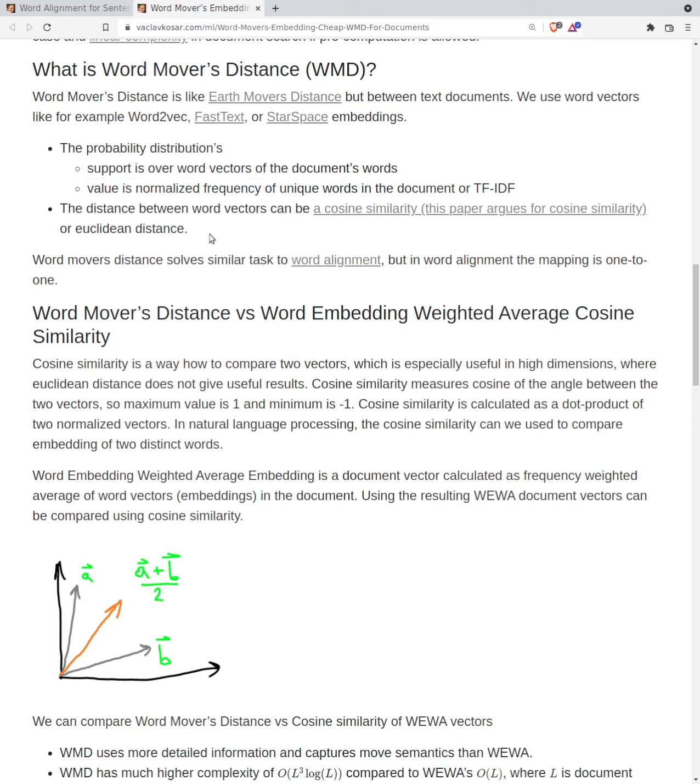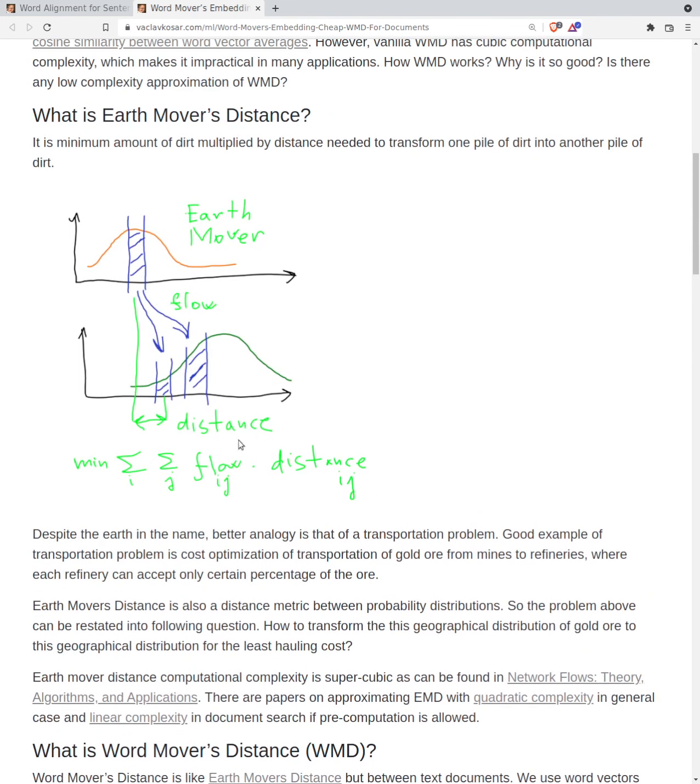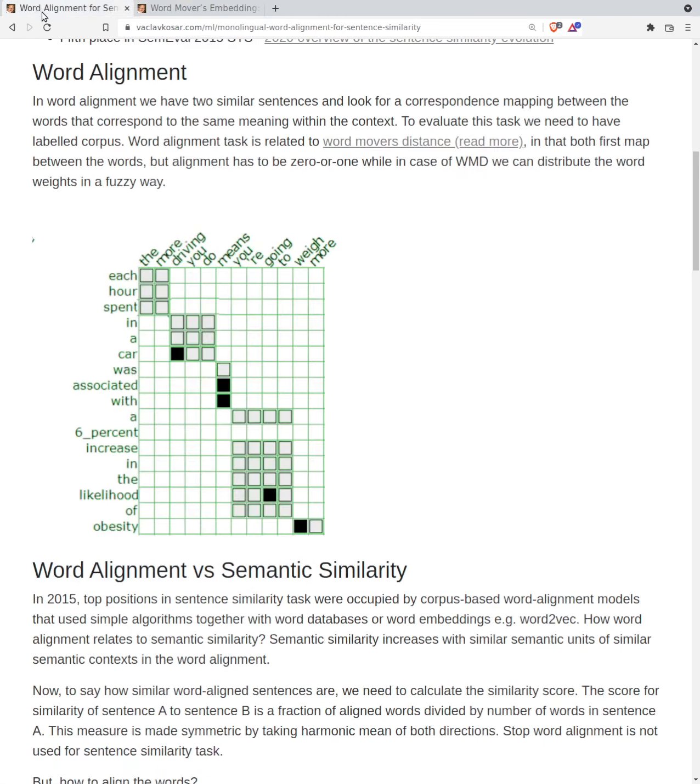And then the distance between those word vectors, a cosine similarity or Euclidean distance, is then the distance on the earth, right, between those two places. So I have the distribution over the words in the vocabulary, and I'm transporting the earth between them. All right, so let's continue on word alignment.